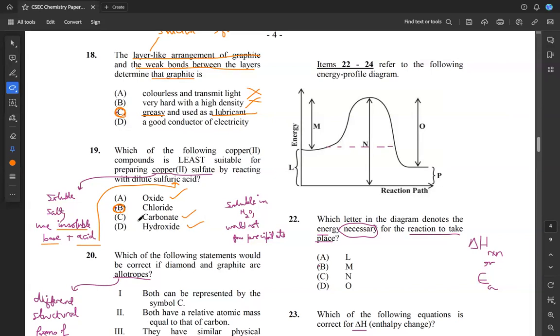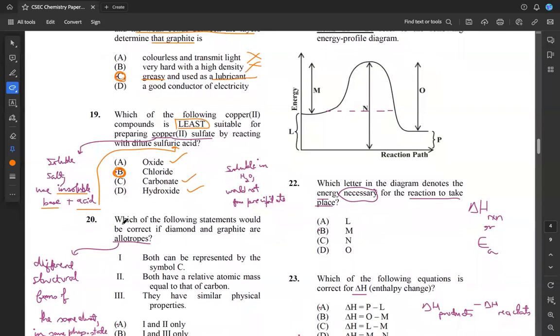So the only thing here that's not an insoluble base is chloride. And remember, they're asking us about the least suitable. So the chloride is not suitable at all because we want an insoluble base to react with our acid since we're forming a soluble salt, okay? So our answer for 19 is going to be B, okay?